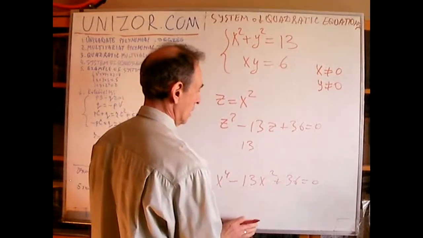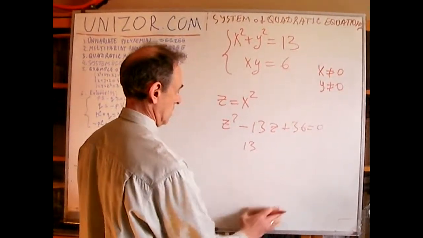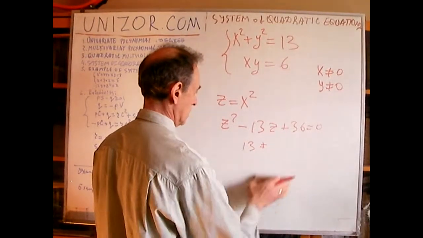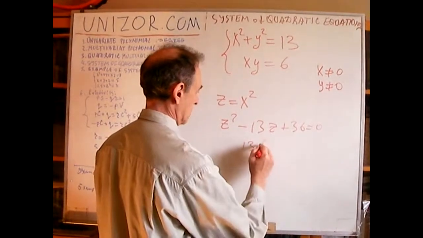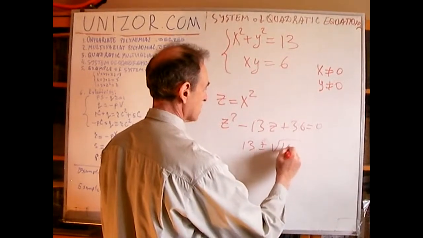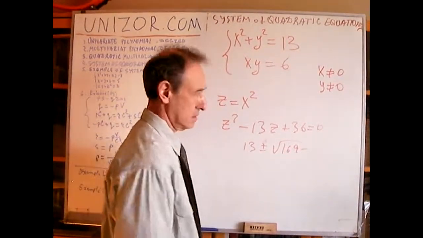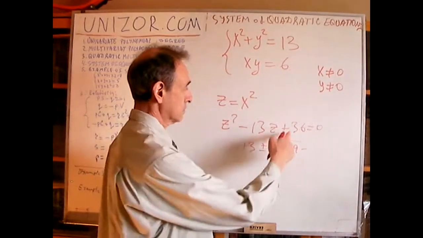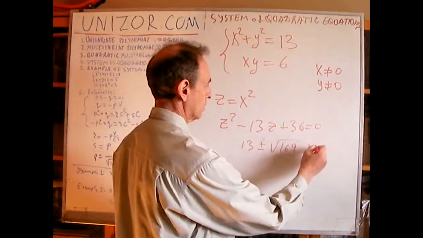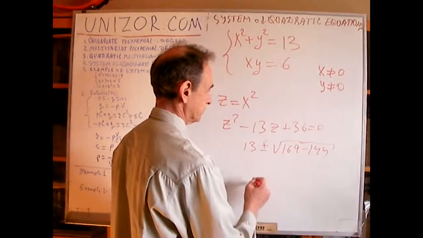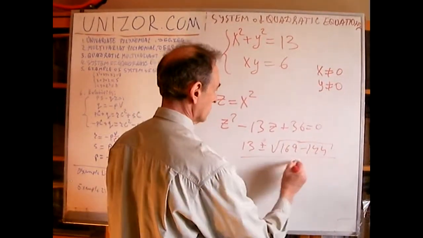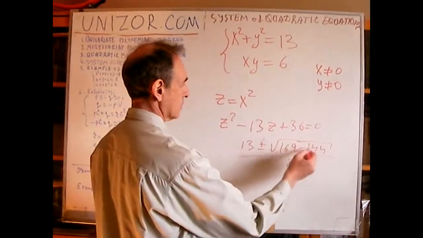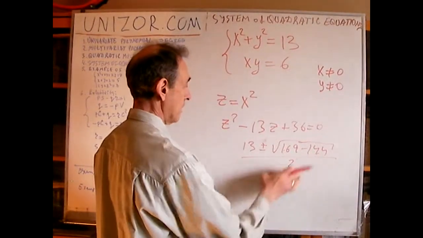z equals 13 plus minus square root of 169 minus 4 times 36, which is 144. Is that right? Divided by 2. So this is 25, so it's 5.